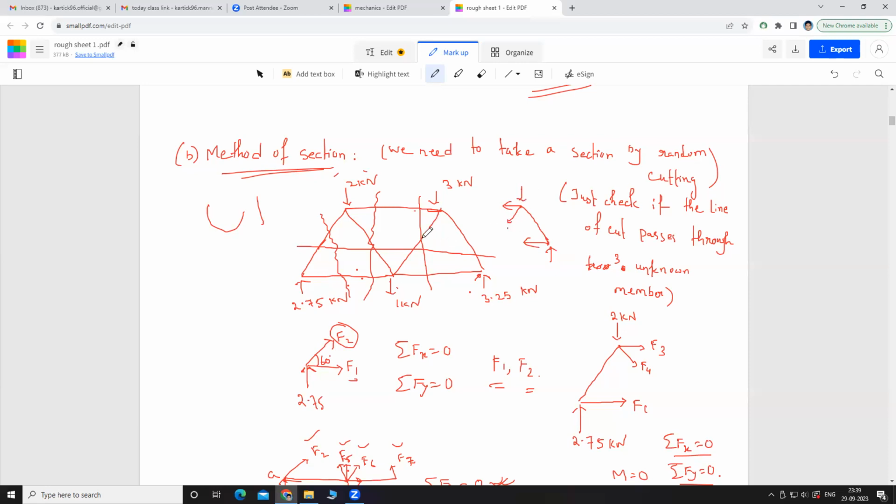And this one we have just calculated, that is our F6 actually. So what are the unknowns? That is F8 and F9, suppose. These two are unknown. Use the summation equations; you can apply any two equations between these. That is our method of section.